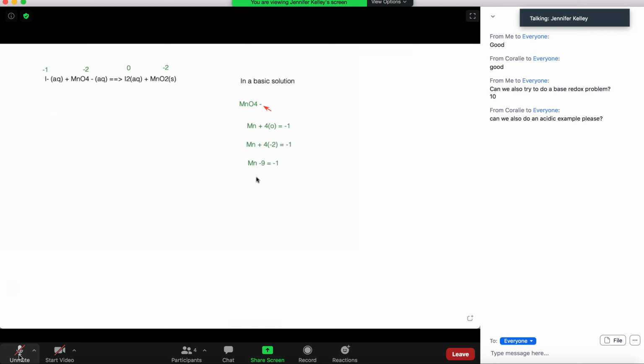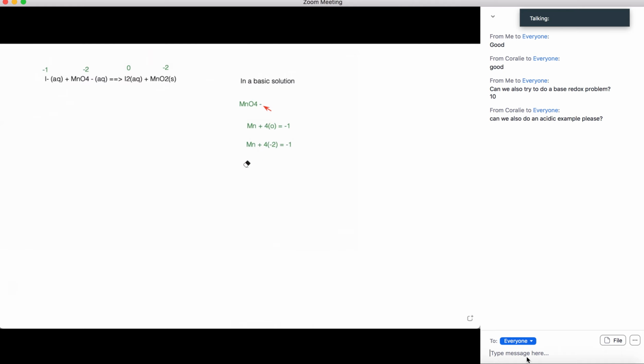All right. Why did I put a 9 there? I hope I just hit the 9 button. I wasn't saying 4 times 2 is 9. Okay, manganese -8 equals -1. That looks prettier.